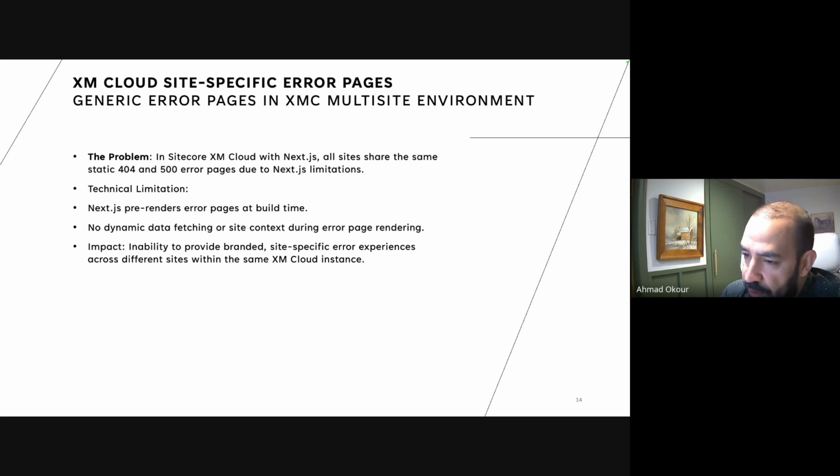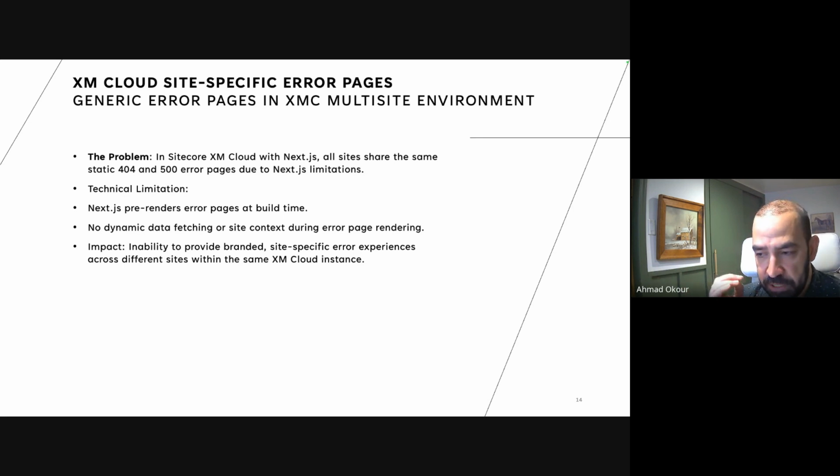The problem with the Next.js implementation, and this one is more specific to Next.js, so the blame is not on Sitecore, is that Next.js pre-renders error pages at build time. This is only for error pages, not the other pages. Previously I talked about ISR, where Next.js renders things either at build time or at runtime, depending on the expiry time of that page.